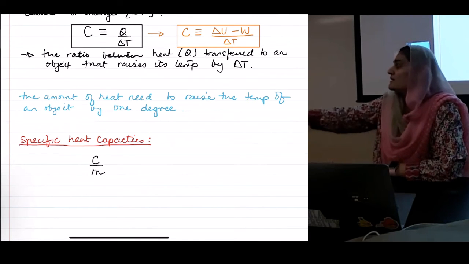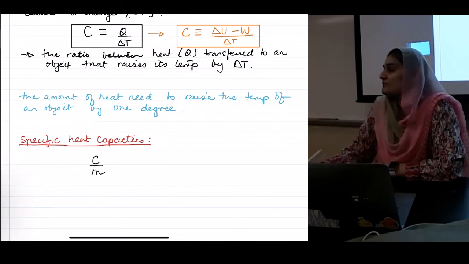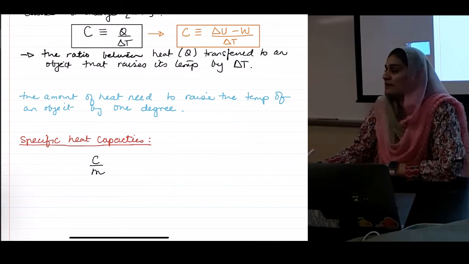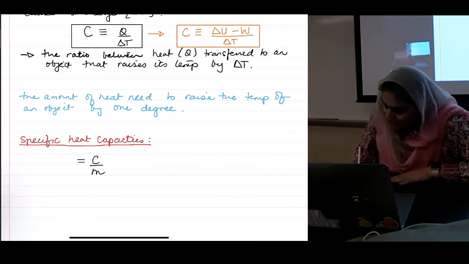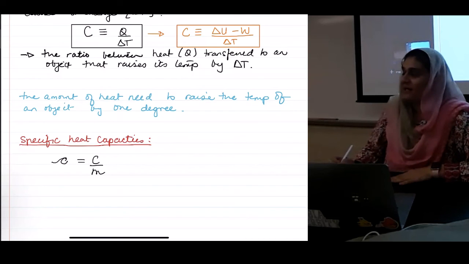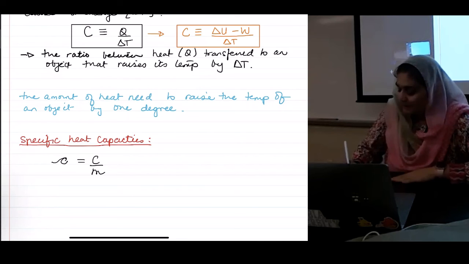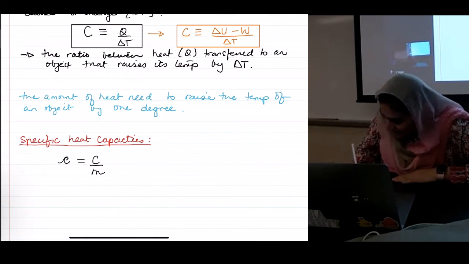So now, regardless whether I have 1 or 10 of those keychains, my specific heat should remain constant. And what I don't like is the fact that they defined this to be small c. And I can never tell the difference in my handwriting whether it's a small c or a big C. Well, this is my solution.